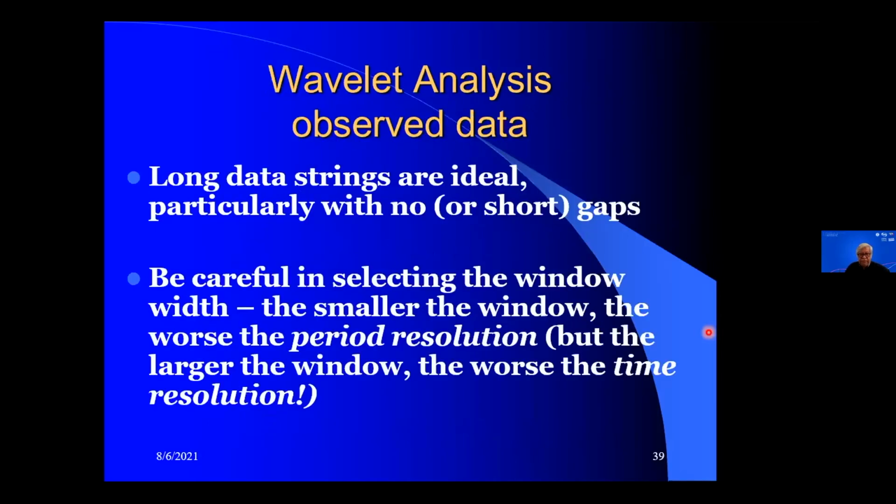Moreover, wavelet analysis of observed data is good for long data strings, particularly with no short gaps. You may see this as a limitation of wavelet, but basically wavelet is very tough. Wavelet analysis is quite adaptive and robust against any kind of data.